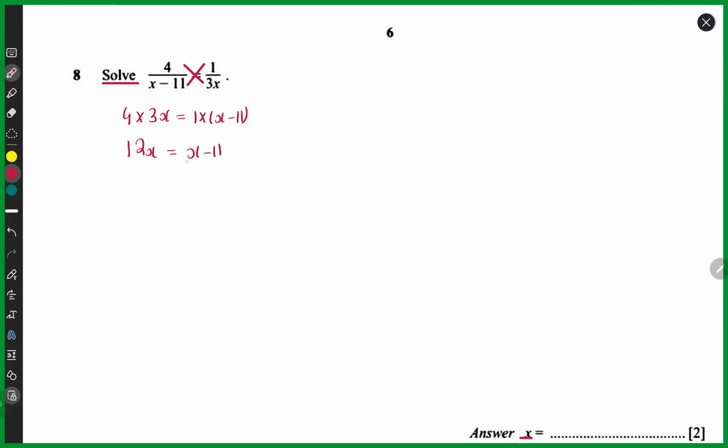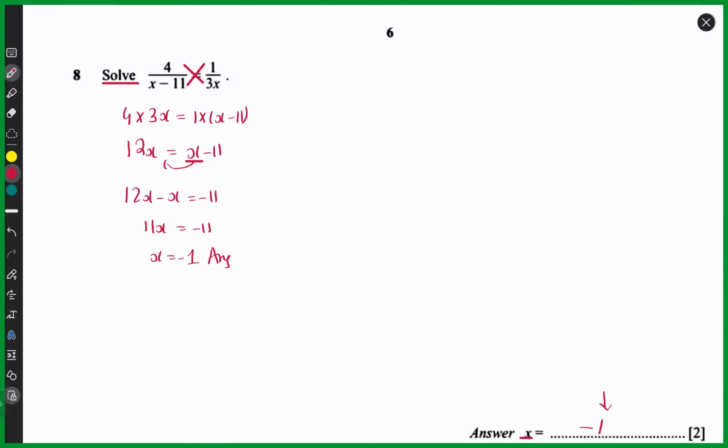So I am going to take this x over there and this would give me 12x minus x equals minus 11. This is 11x equals minus 11, and this would give you x equals minus 1. This is going to be the answer. So you'll write it down as minus 1. Do not forget to write this value over here. So please remember this.